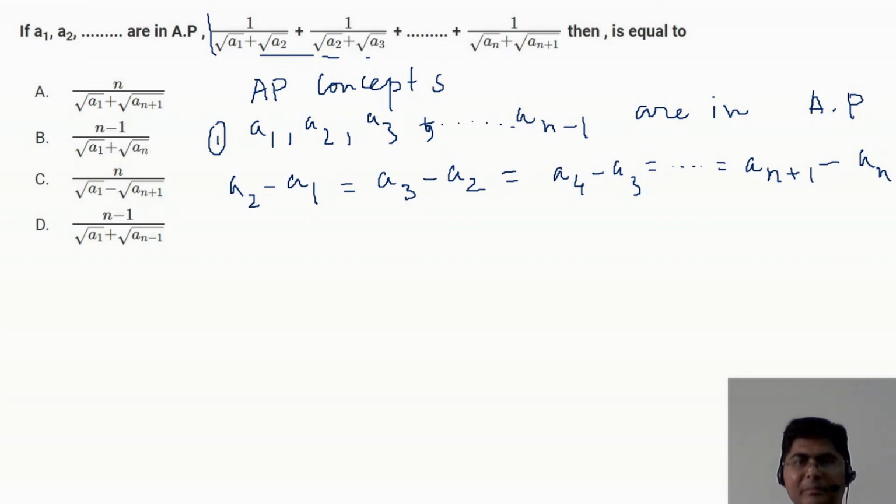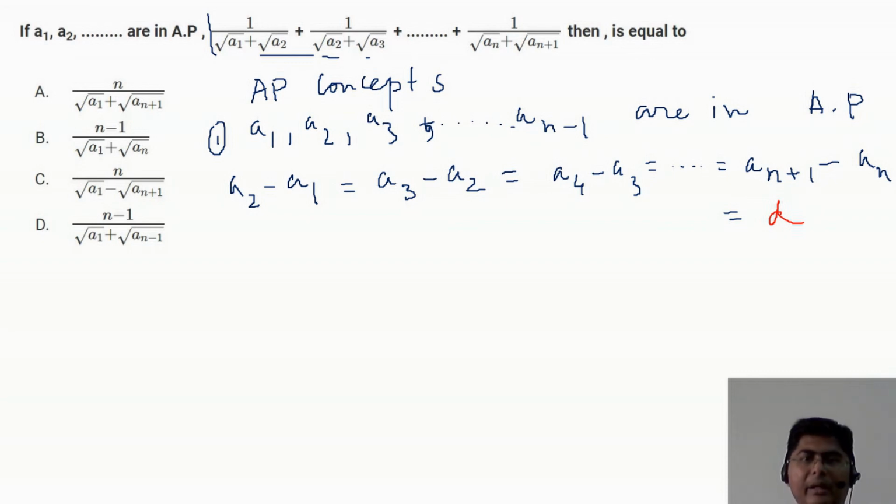This is because in an AP there is a common difference. This difference will remain the same. Let us assume this difference is equal to d.